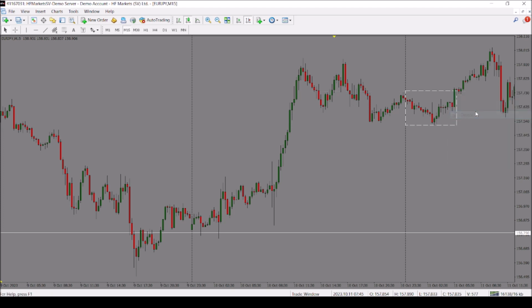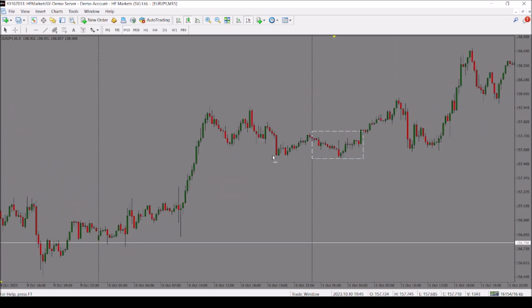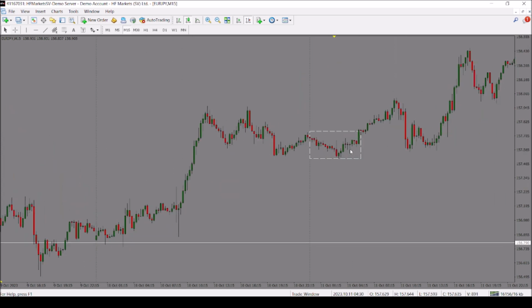So after that, we are now going to look for a pattern. A pattern is going to be a W pattern for an upward trend of yesterday's flow, or an M pattern for a downward trend of yesterday's flow. So in this case, we had an uptrend on yesterday's flow, and what we were going to look for was a W pattern. In this particular case, we can see the first leg and the second leg.